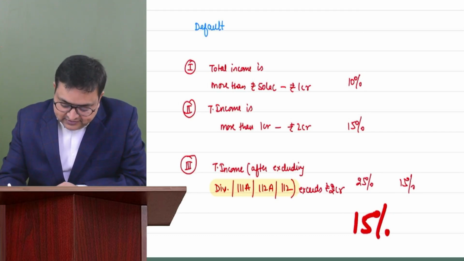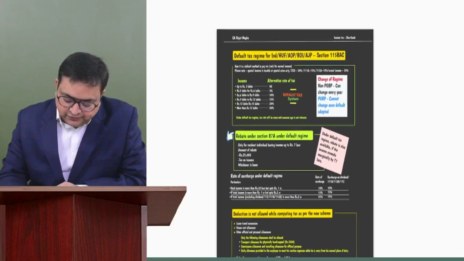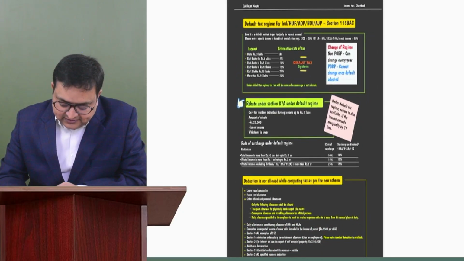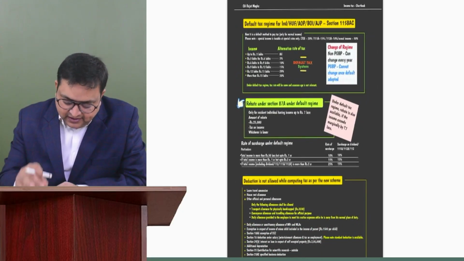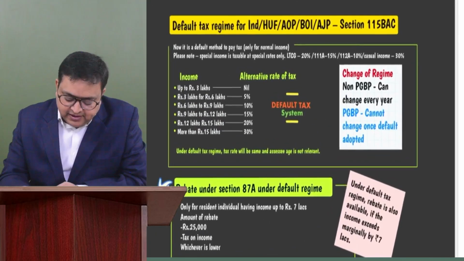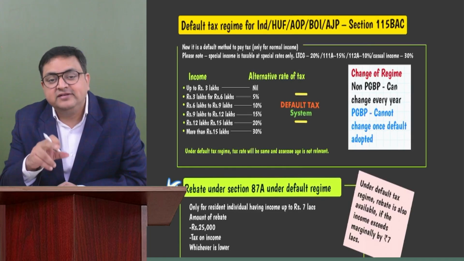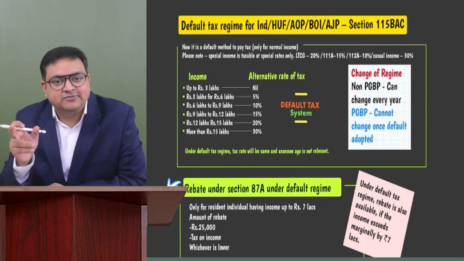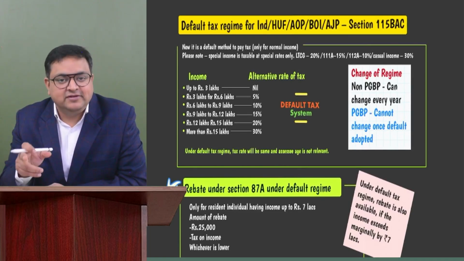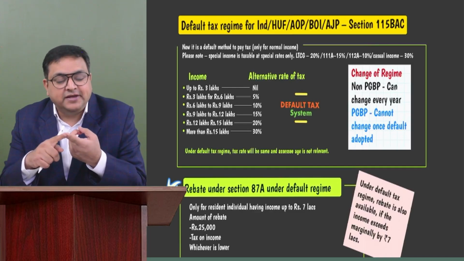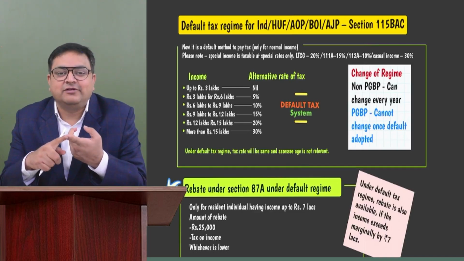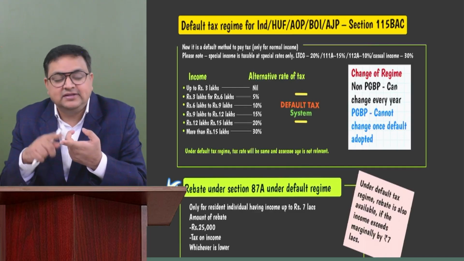Got it? So these are the important points in the first chapter of basic concepts. Second, what you can remember in the first chapter is that there are certain incomes which are taxable in the previous year itself. We will not wait for the assessment year. Why? Because the assessing officer might not be able to recover the tax in the assessment year.